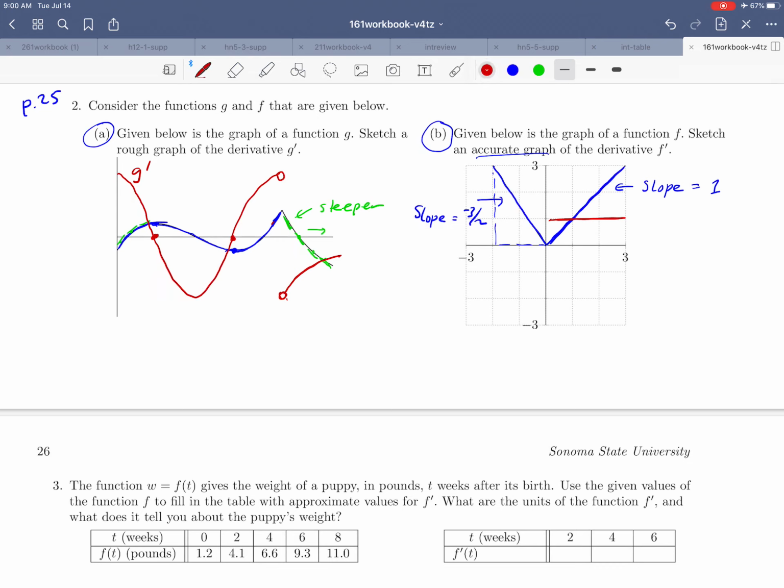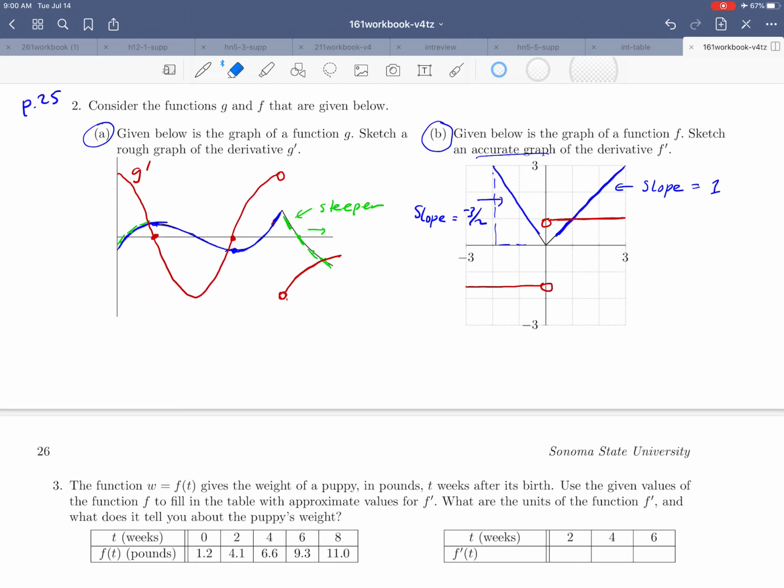So that means that because the slope is negative 3 halves, the y values of the derivative have to be negative 3 halves. And then finally, what's going on right at the center here? Well again, that's a sharp corner on our graph, and because it's a cusp, the derivative should be undefined. It causes the derivative to be undefined, and so we're going to get an open circle there and there.